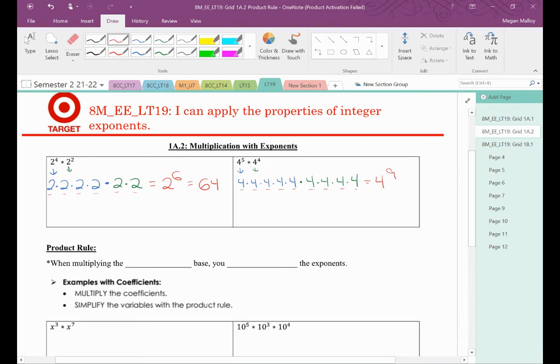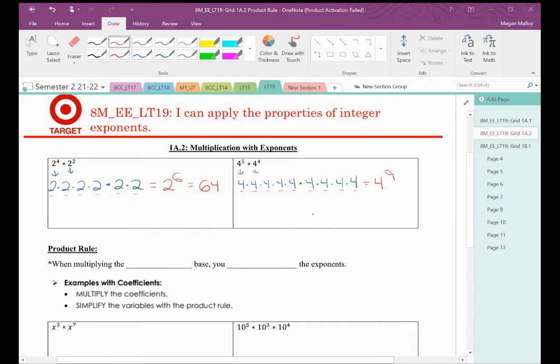So we would get 4 to the ninth power. If I wanted to write that in standard form, that would be 262,144.